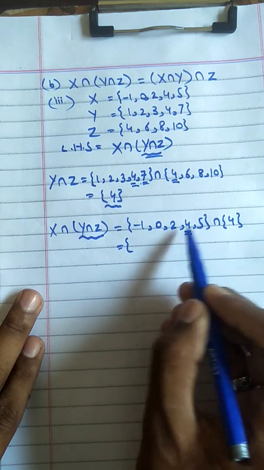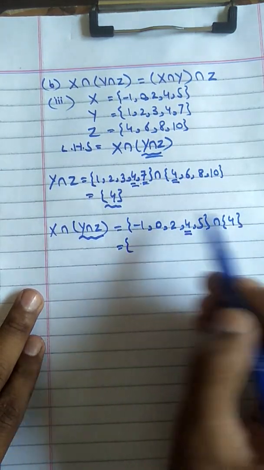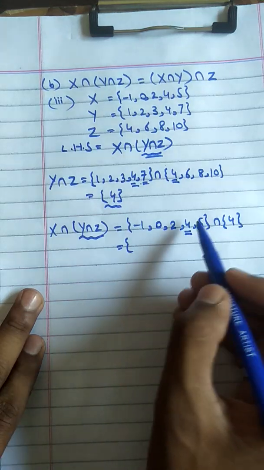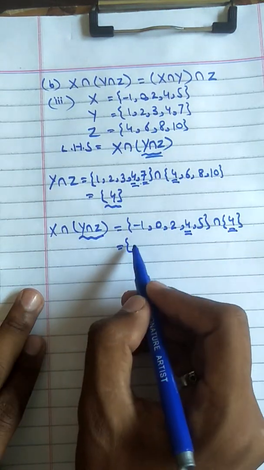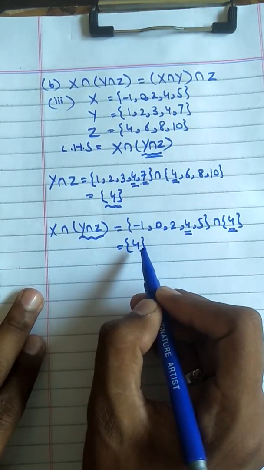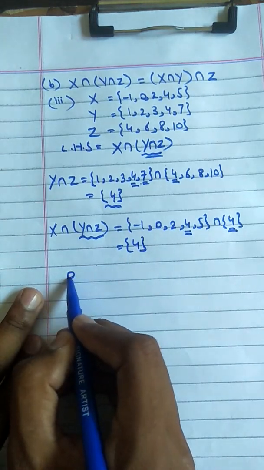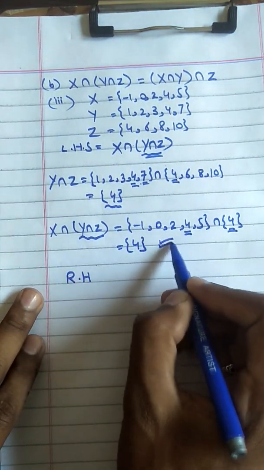Except 4, no member belongs to set Y intersection Z, just 4 matches, so our answer is also 4. Okay, this is the answer of the left hand side.